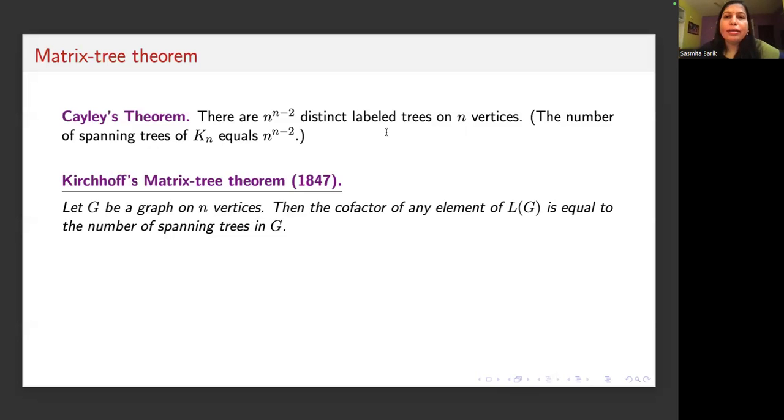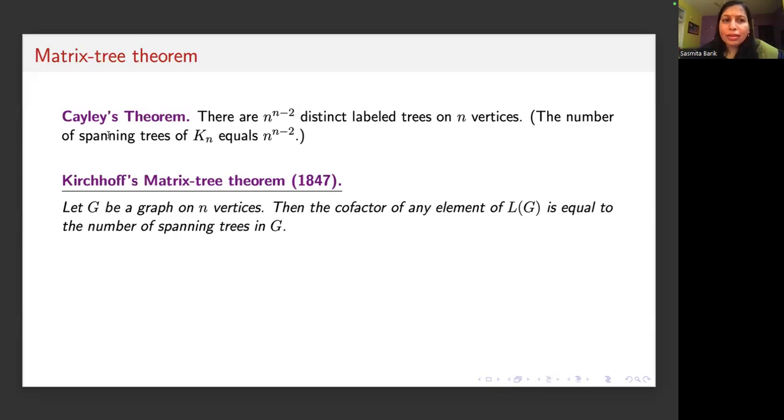So here we are considering how many labeled trees there are on n vertices. That was proved by Cayley: there will be n to the power n minus 2 distinct labeled trees on n vertices. If I write it another way, how many spanning trees of Kn are there? That is exactly equal to n to the power n minus 2.